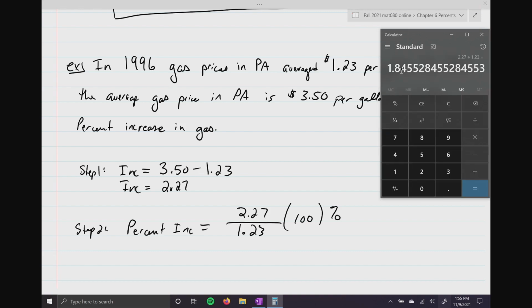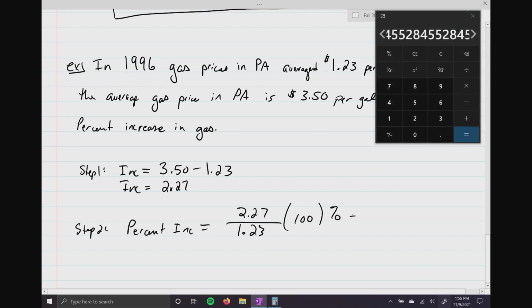Is going to be 1.845. So we'll round it to 1 decimal place. We'll say 1.8. Okay. Now I got to move this 2 places to the right. 1, 2. So gas has gone up since 1996, 180%.